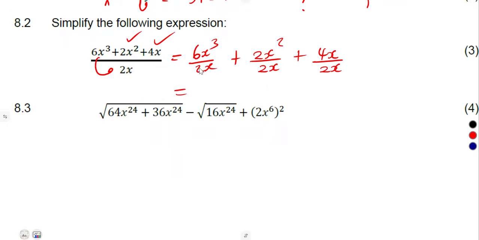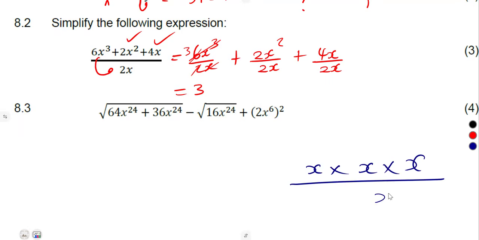So 6 divided by 2 is 3, and x cubed over x, you cancel one, so 2 are remaining, which is x squared.